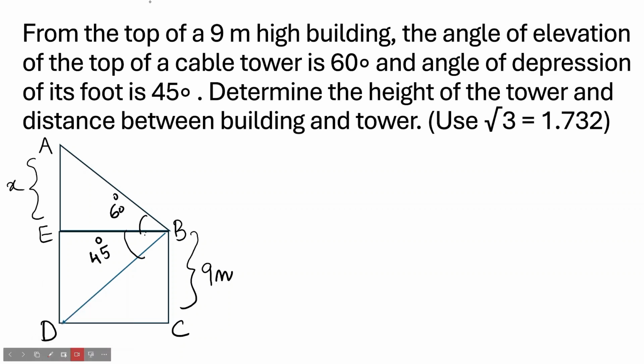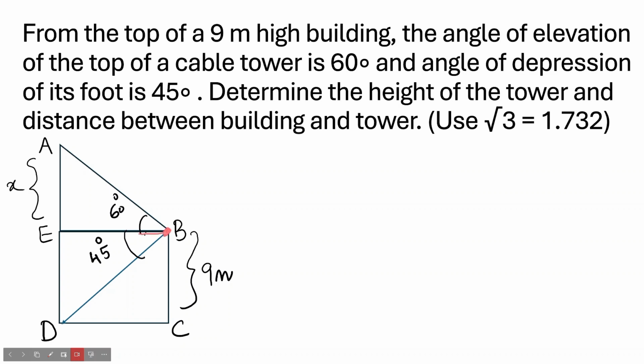Here, BC is the 9-meter building, and we have the angle of elevation of the top of the cable tower. AD is the cable tower. From B we are observing that point.